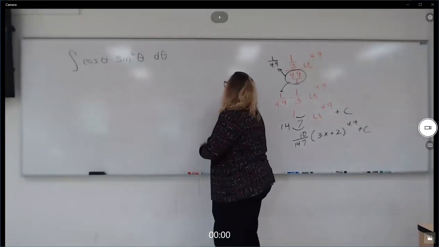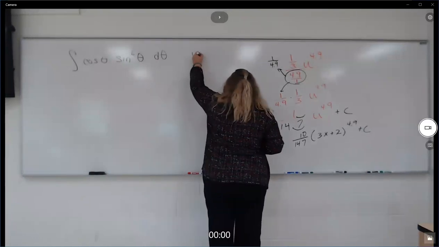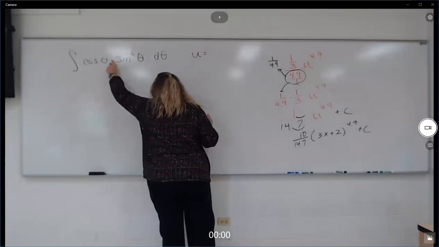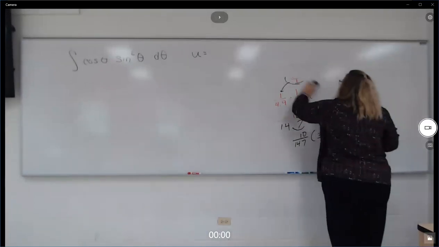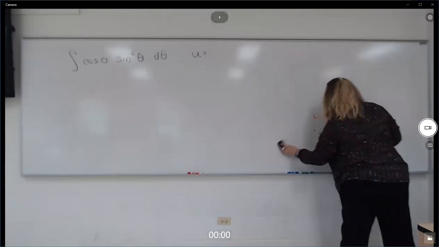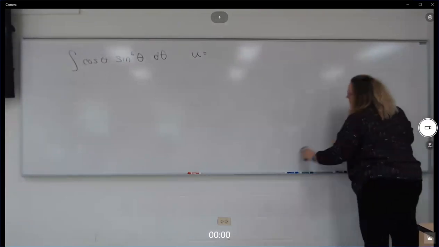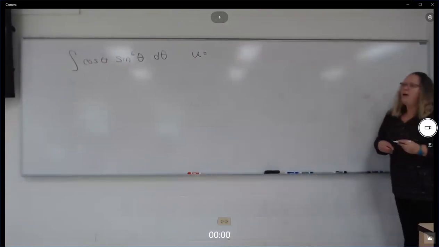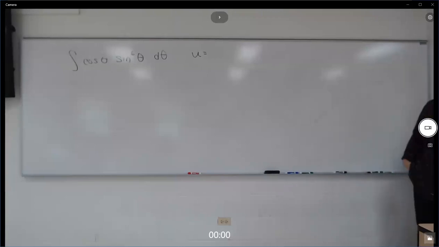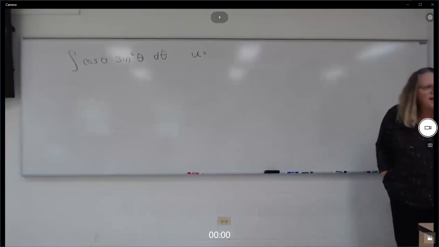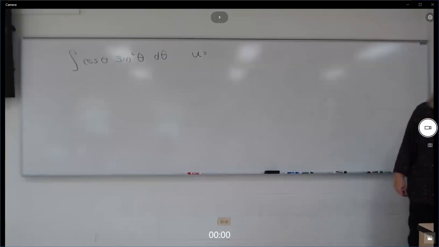Okay, so what's our u? Kind of what gives it away? We're multiplying. We have a quantity. Anyone want to take a guess? Probably not a guess, but a try. What do we think u is going to be?